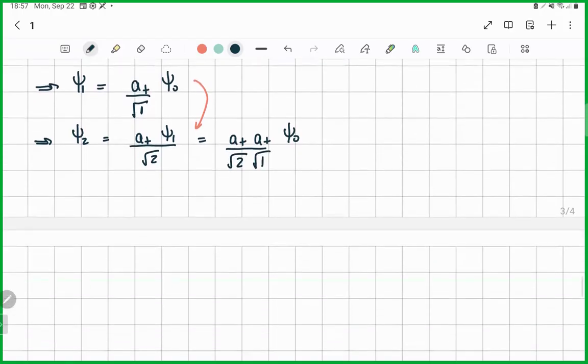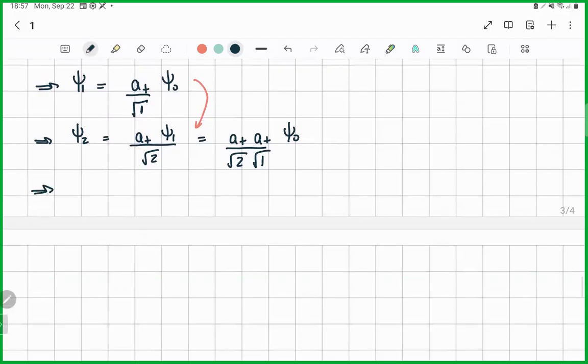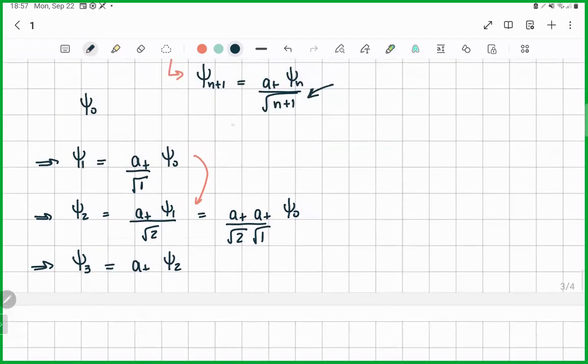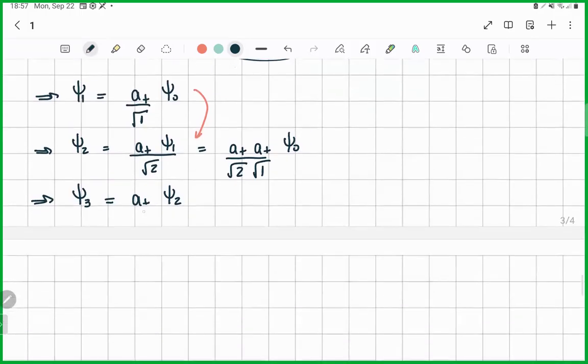Let's continue because I want to show where we are heading. For ψ₃, I apply a₊ on ψ₂, and following the general equation that we have, I divide this by the square root of 3. Using what we have above, we see that this is a₊ three times, with the square root of 3, square root of 2, square root of 1, and the ground state.